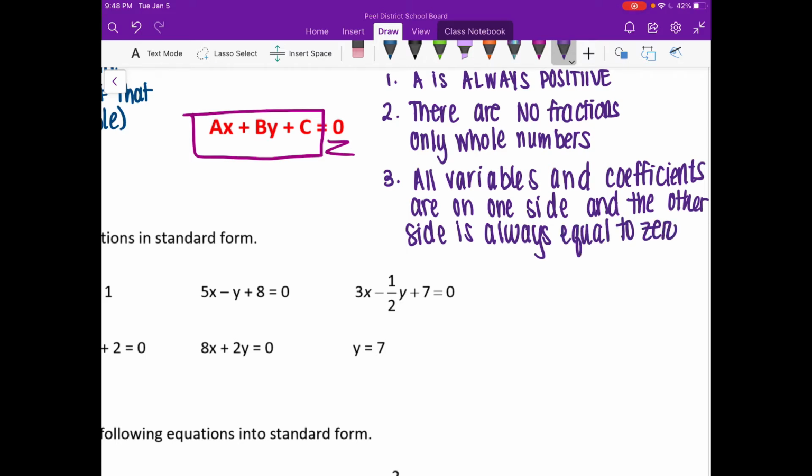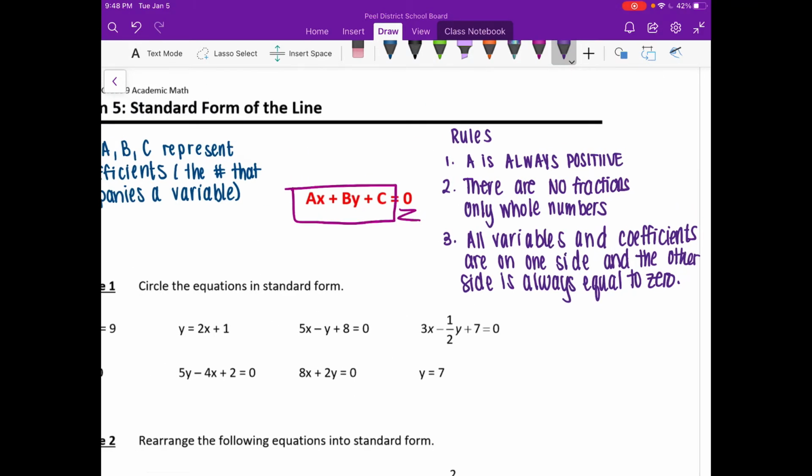All right, so those are our 3 standard rules as we talk about the standard form of a line.